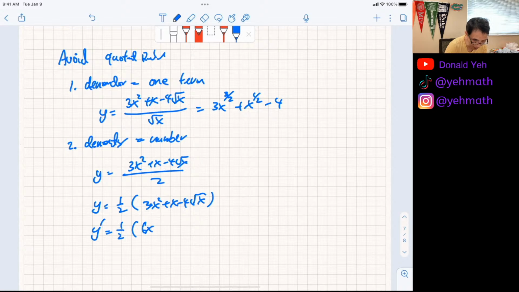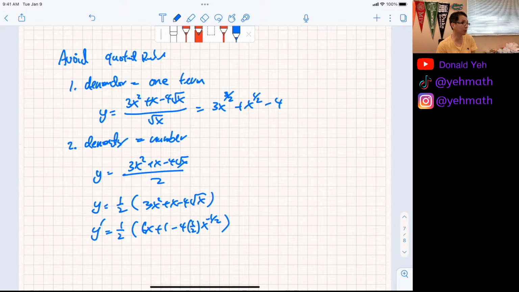So that's going to be 6x plus 1 minus 4 times 1/2 x to the negative 1/2, and that will be done already. You avoid the quotient rule when the bottom is a number or 1 term.